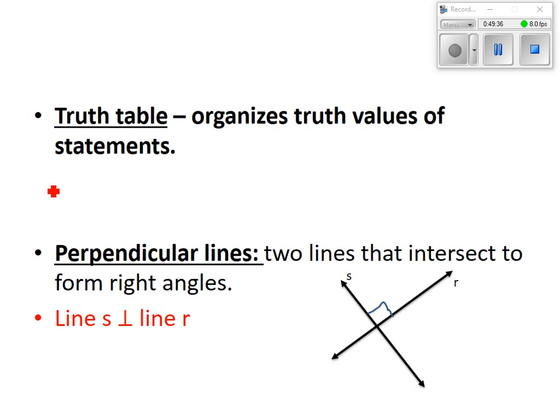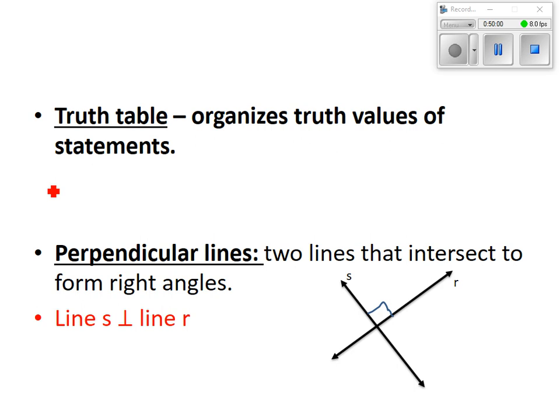If you look on the back page, we'll go back to perpendicular here in a second. These tables here at the bottom are called truth tables. Alright? If I give you a statement like if P then Q, and I say tell me whether it's true or false.